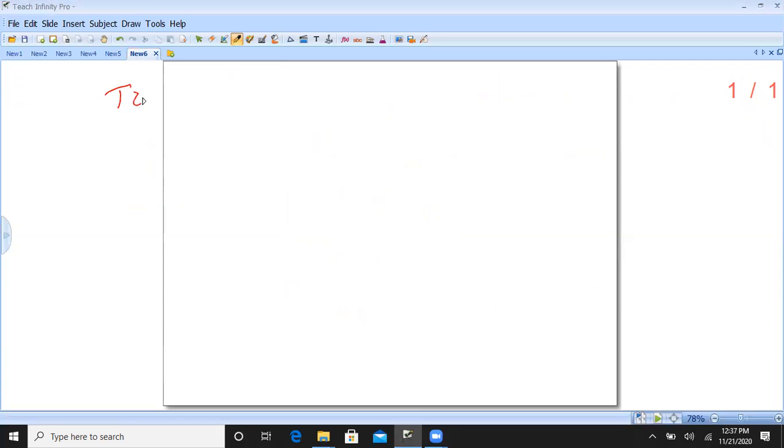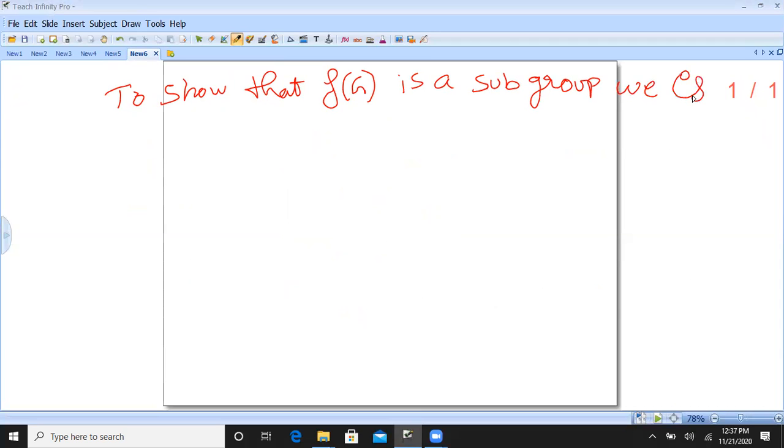To show that f of G is a subgroup we establish that x bar into y bar inverse belongs to f of G.